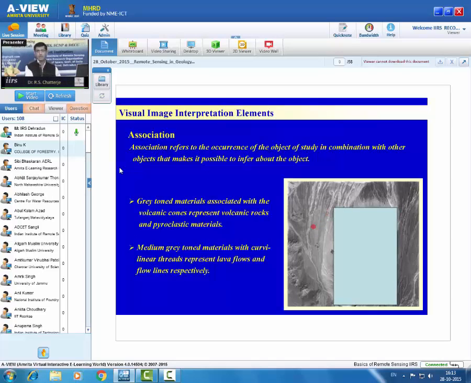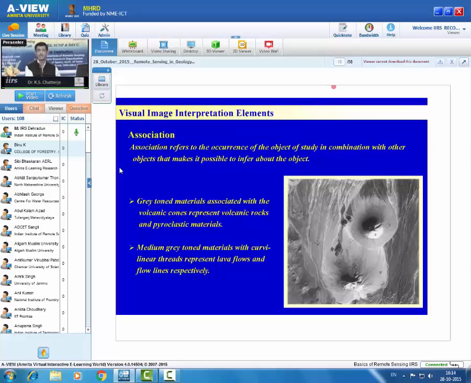For example, if I ask you what these gray tone threads represent, what the material is, it may be a little difficult for us. But if you see the next slide, it will be very easy, because now we can see these are volcanic cones. This is a volcanic cone, this is a volcanic cone here. Now we can understand that the material surrounding these volcanic cones is pyroclastics, and these light gray or medium gray threads are basically lava flows.